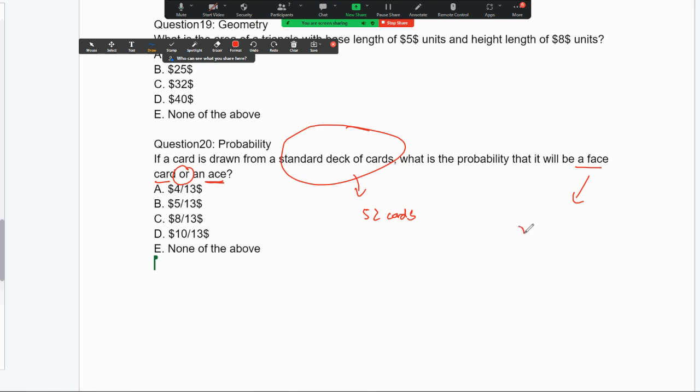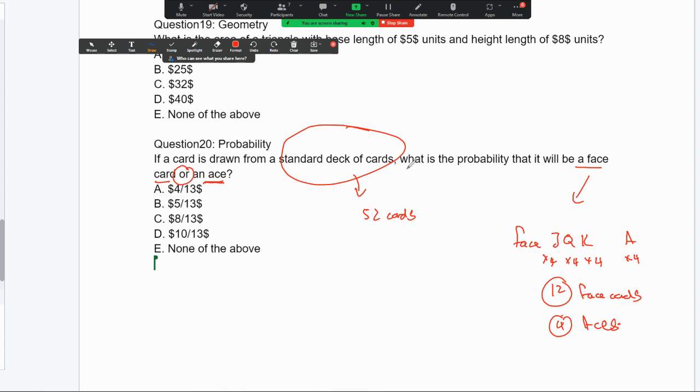Now, what are the face cards? You can have a jack, queen, and a king, and you have four of each of these, so this is going to be 12 face cards. And if it's an ace, you have four aces as well.